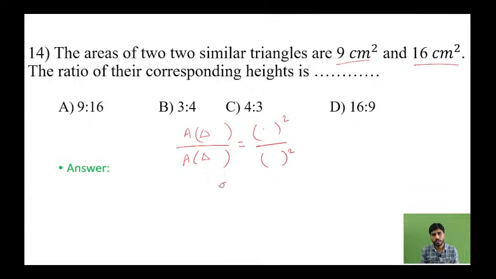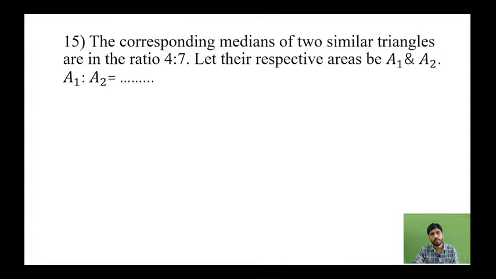Square is already given, that is 9 upon 16. So we need to take the square root of both numerator and denominator. The square root of 9 is 3 and the square root of 16 is 4. So this ratio will be 3 upon 4, that is 3:4. So B is the correct option.